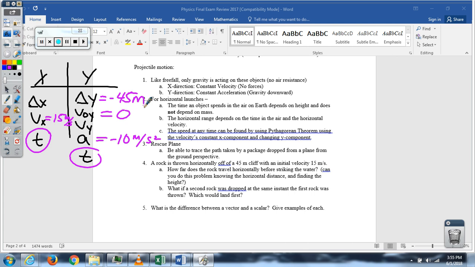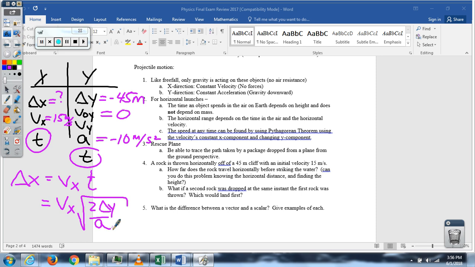So you want to find out how far. So that's this. So you have one equation that gets you delta x, and that's Vx times t. You have Vx, you need to find the time. So we had already looked at an equation for time, which says take the square root of 2 delta y over a. So I can do this all in one step. And you can check the math if you want to.